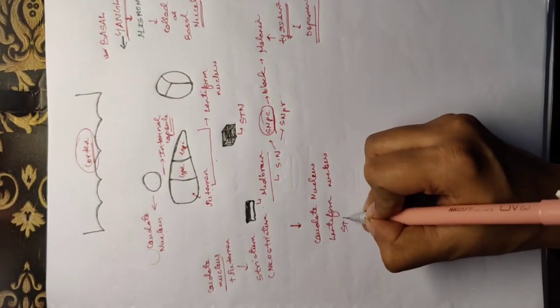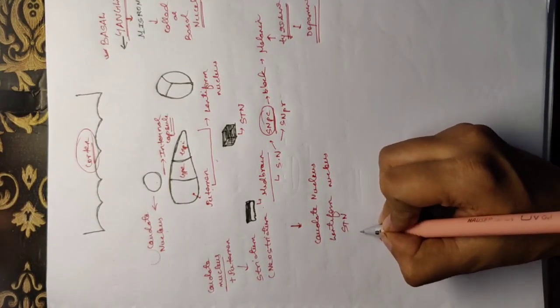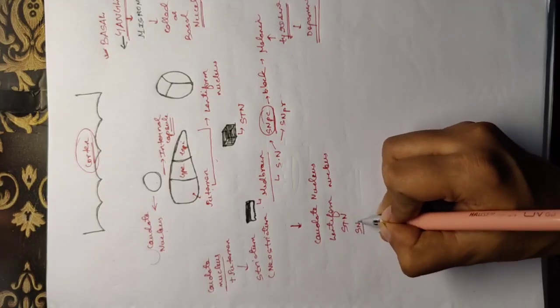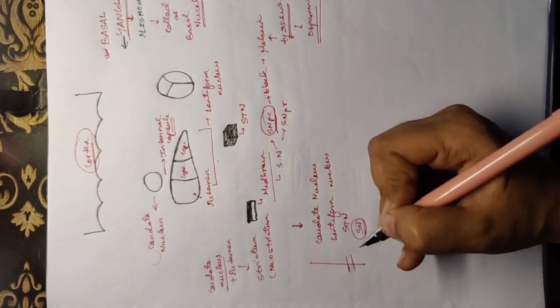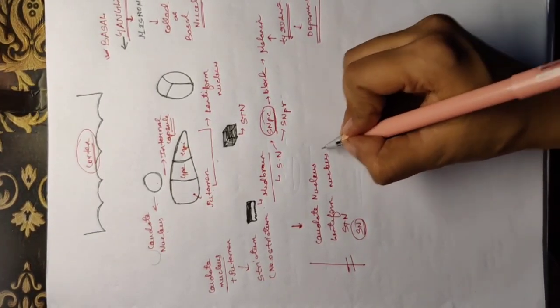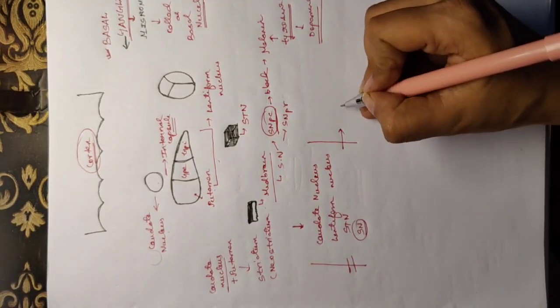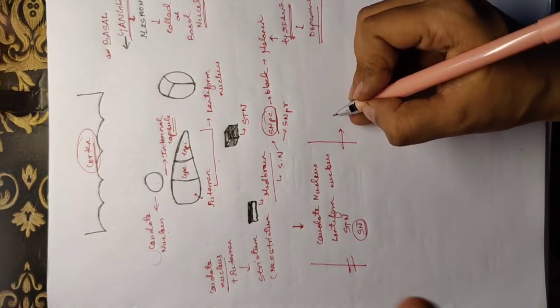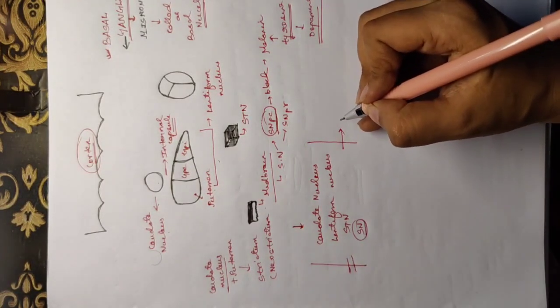Subthalamic nucleus, and in the midbrain segment we will refer to the substantia nigra. So these all together will form the basal ganglia, and there are two separate pathways, direct and indirect, that we will discuss later.